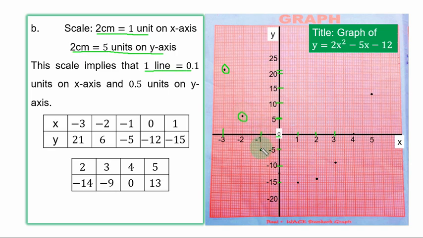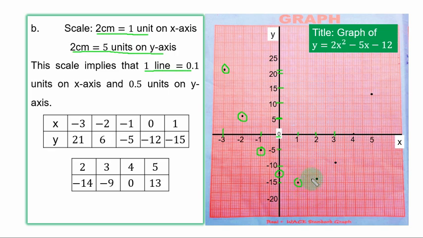Now you are going down, it falls on the line exactly. Then when s is 0, y is minus 12. After 10, you count 4 lines down, that is minus 12. And because at that point s is 0, you plot directly on the y-axis. When s is 1, y is minus 15.